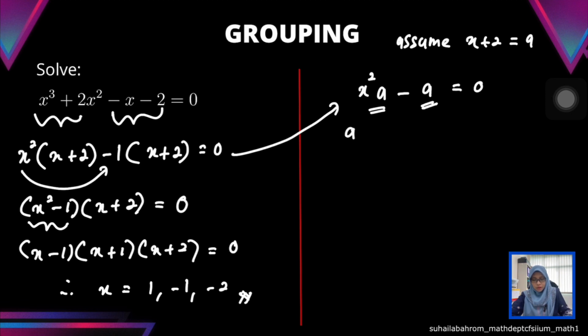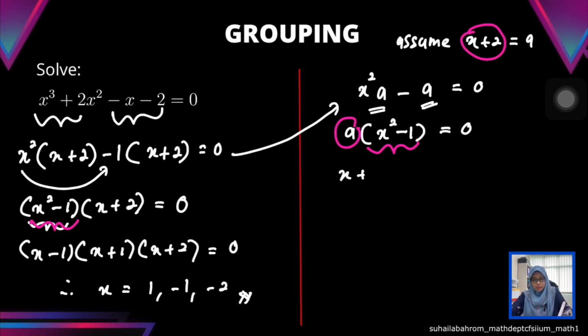When you factor out a, you will get a times x squared minus 1 is equal to 0. And a here is substituted back with x plus 2. So you will get x plus 2 times x squared minus 1 is equal to 0.